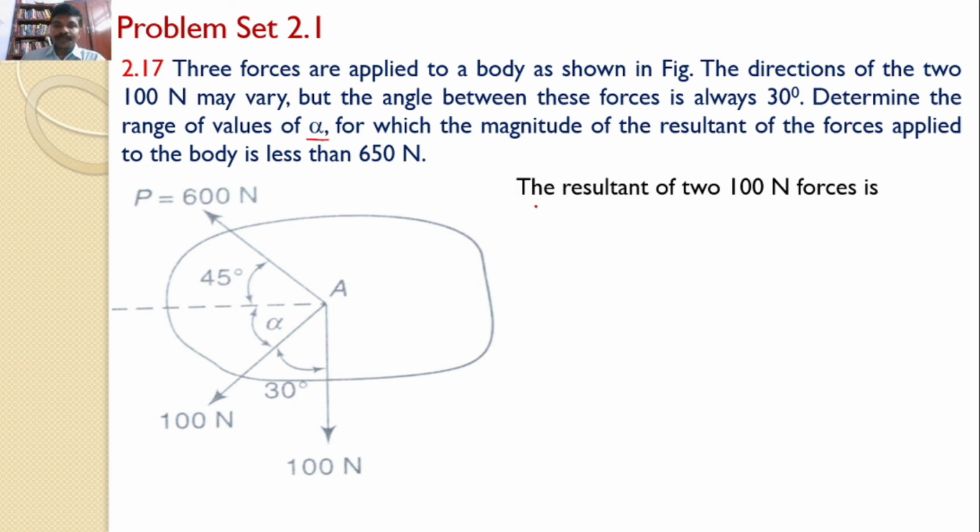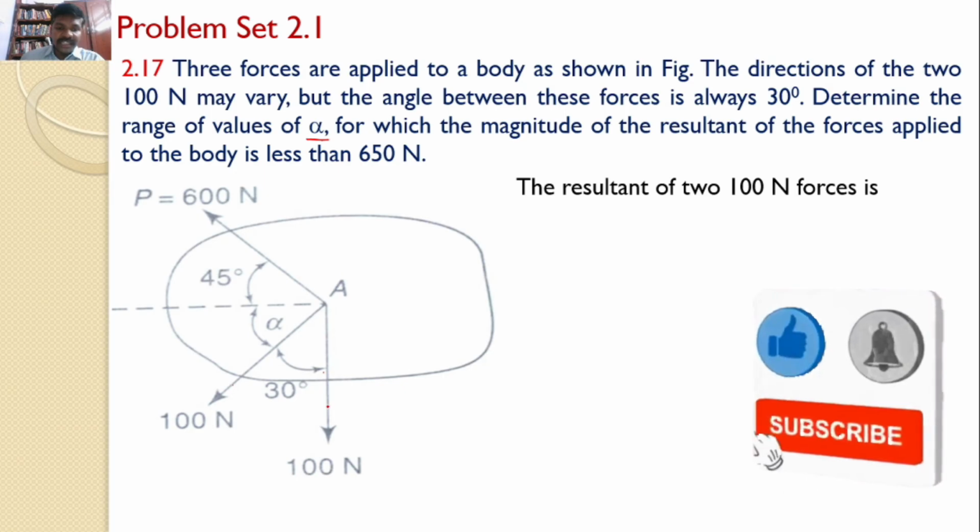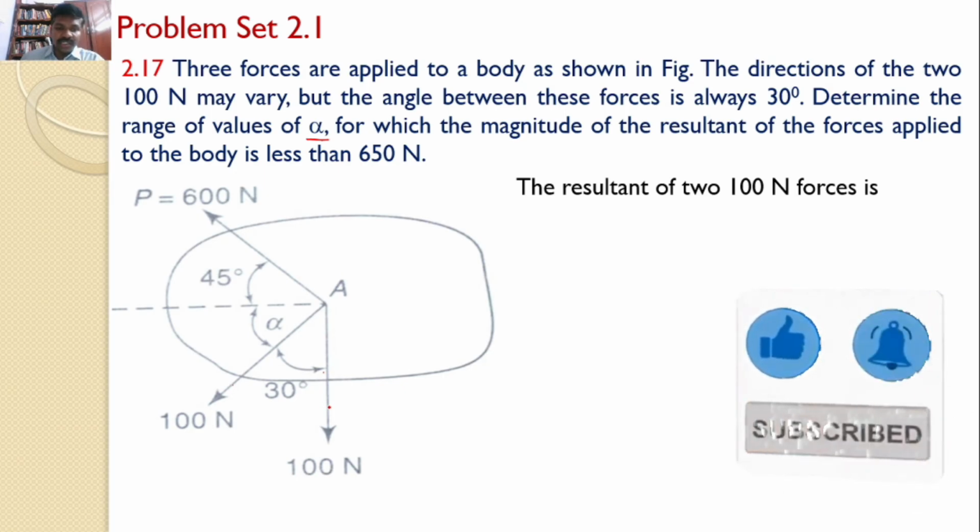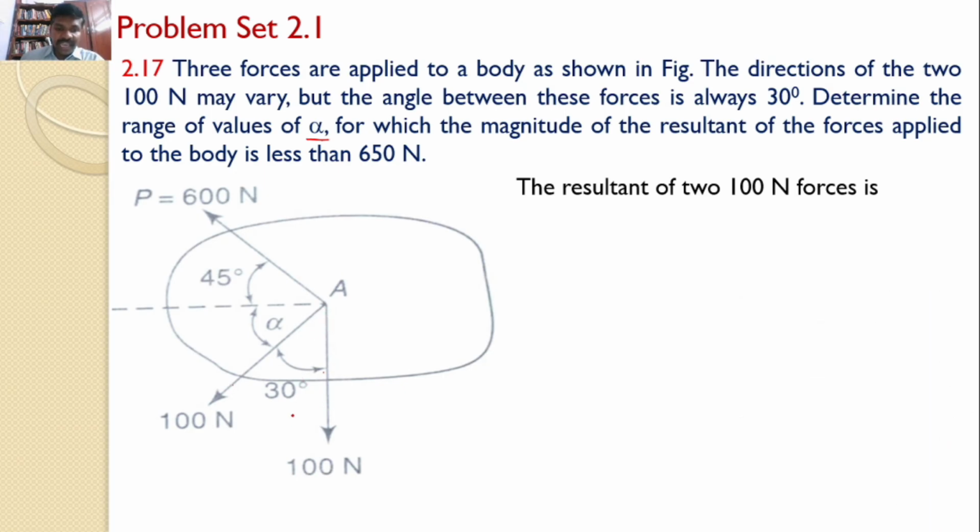In this problem, first we will calculate the resultant of these two 100 newtons forces, because the angle between these two forces is 30 degrees. So I can find the resultant of these two forces, and also the angle made by the resultant with either of these 100 newtons forces. How to find the resultant?